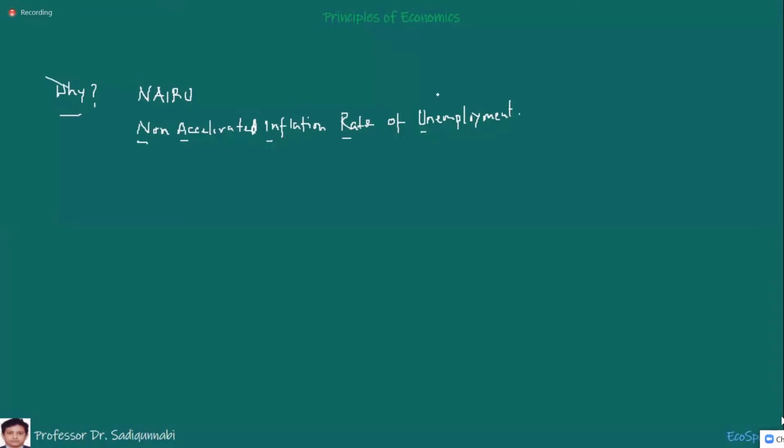Okay. What is NAIRU? NAIRU is something like, whatever may be the inflation, if you are going to reduce inflation in this direction, in the short run, there is some inflation. Inflation is constantly unavoidable.